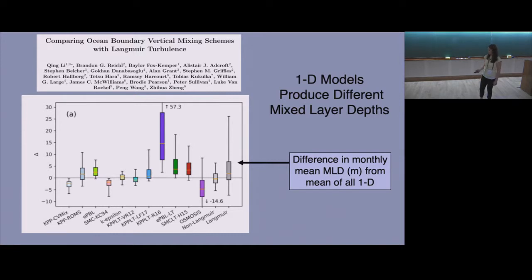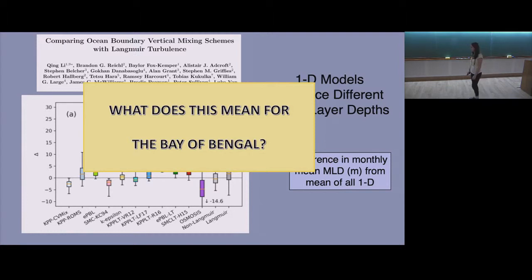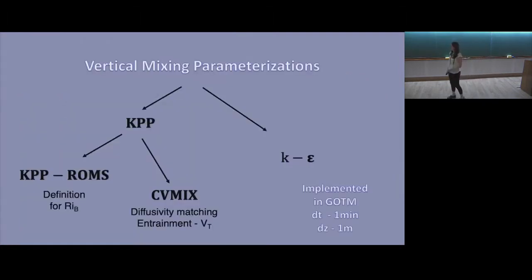And so today we're just going to look at what this looks like for the Bay of Bengal. So there's lots of different 1D mixing schemes. To narrow the focus of this talk, I thought I would just focus on several types of mixing schemes based around the KPP parameterization.